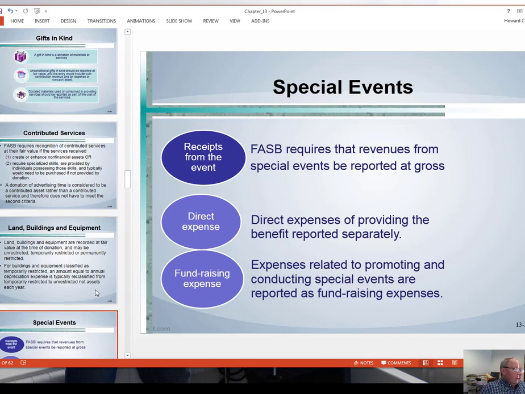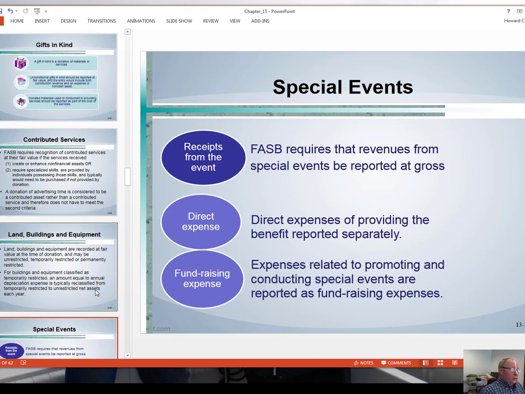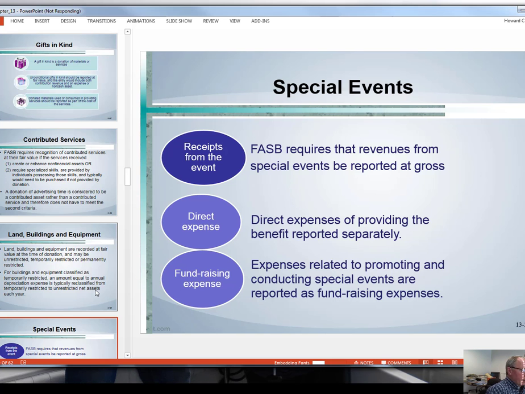Okay, special events. A lot of not-for-profits host special events, and the accounting for these things is a little bit tricky. You have to review those requirements, but in essence, the goal here is you don't want to put everything into program related, because that tends to understate the admin and fundraising activities.